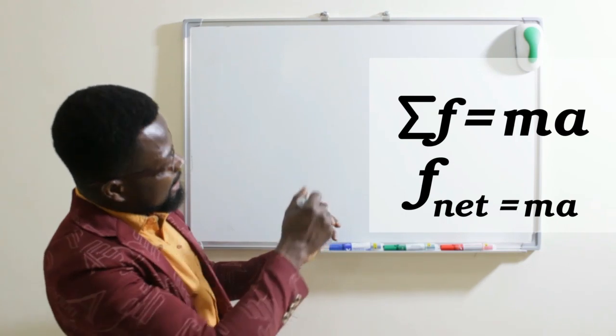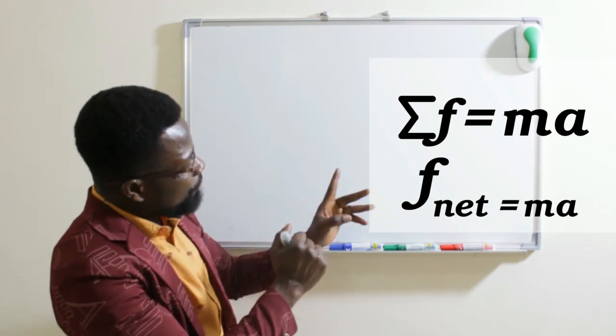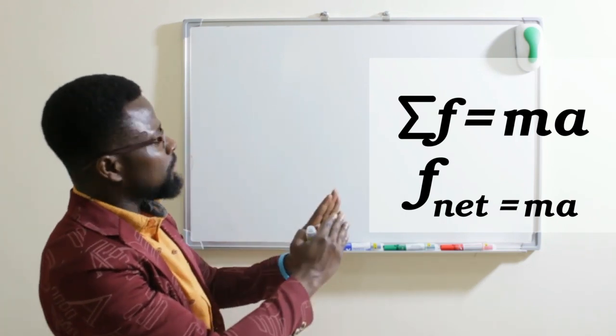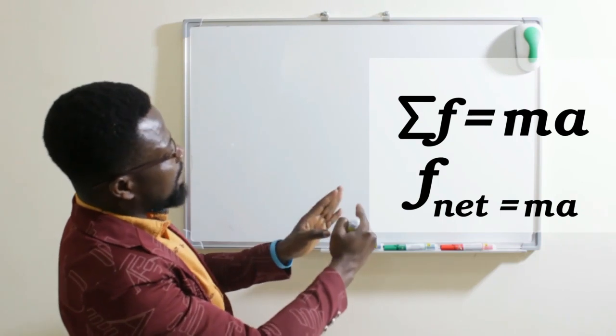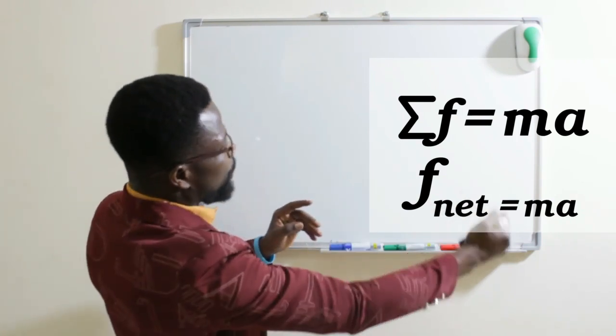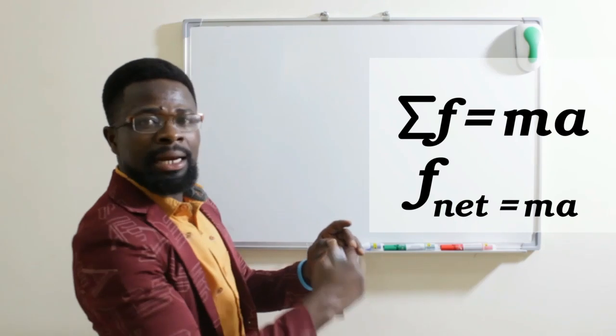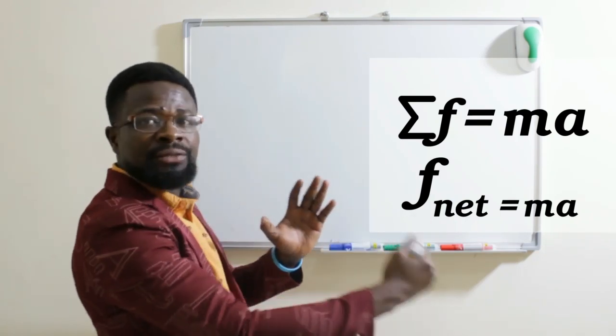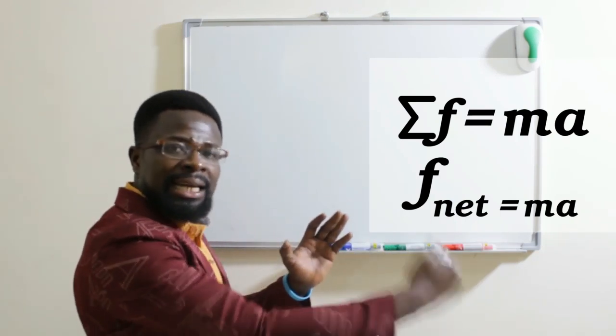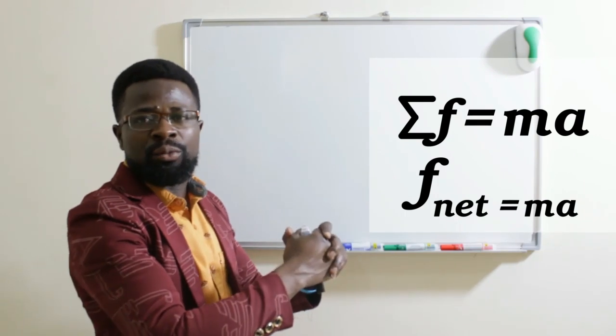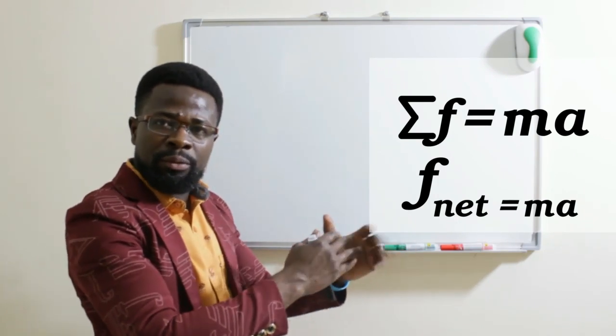So we can see sigma F, standing for the sum of forces acting on an object, is equal to ma, where m stands for the mass and a stands for the acceleration with which the object is moving.